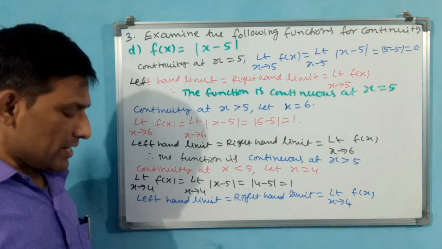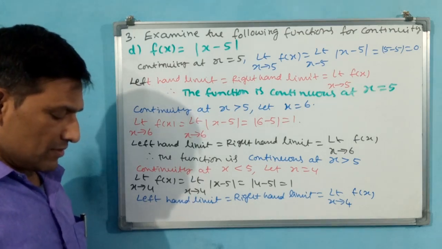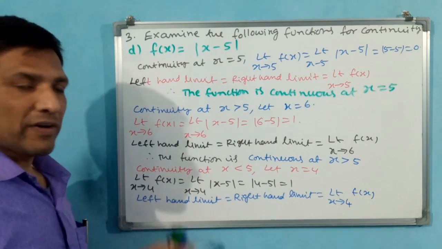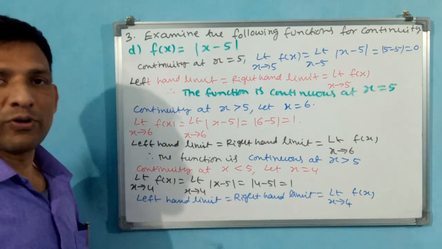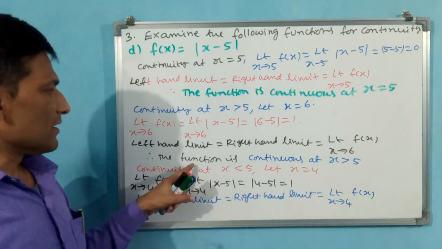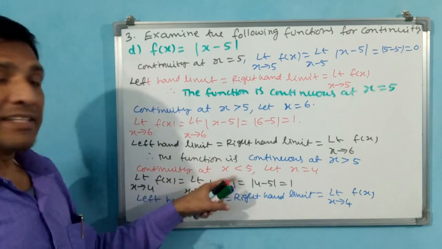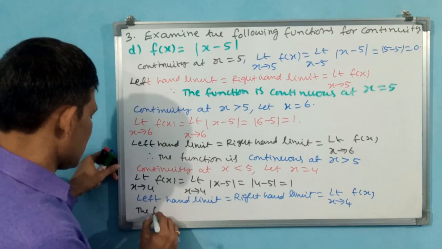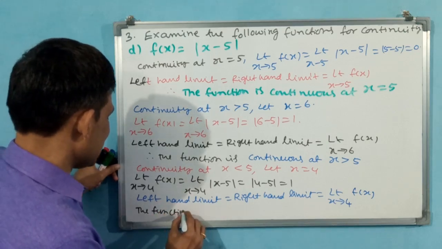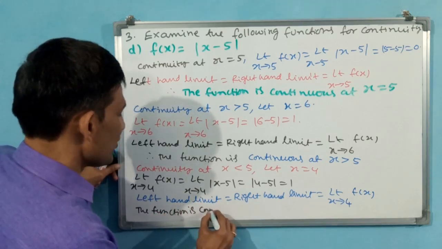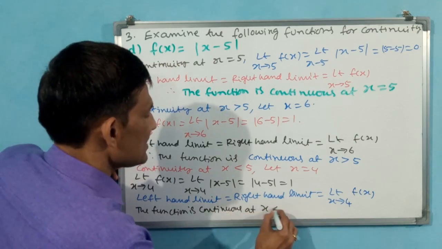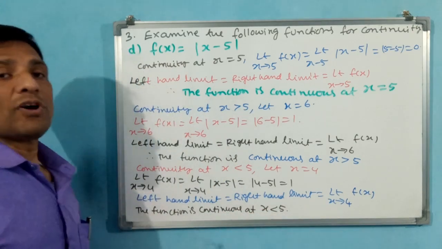Now what are you going to write? Do you write the function is continuous at x is equal to 4? No. You have to write the function is continuous at x is less than 5. This you have to write.